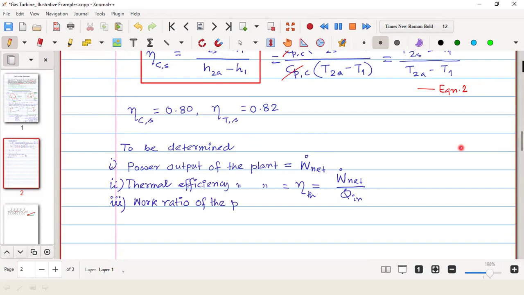Now, work ratio of the plant means that it is the net work output divided by the turbine work output. So this is W net divided by WT. W net means basically WT minus WC. It is the net, that is turbine work output minus the compressor work input, and this is WT. So it is basically 1 minus WC by WT.